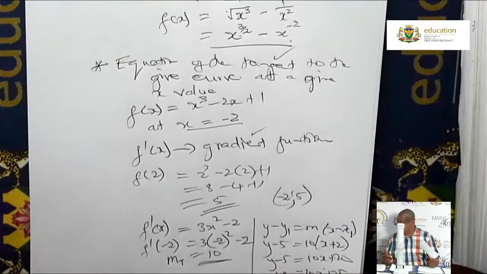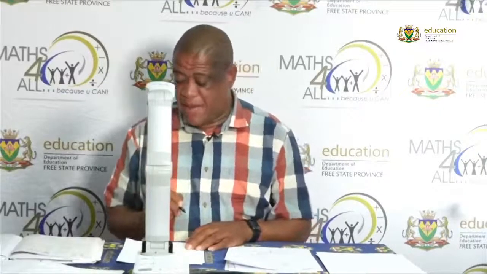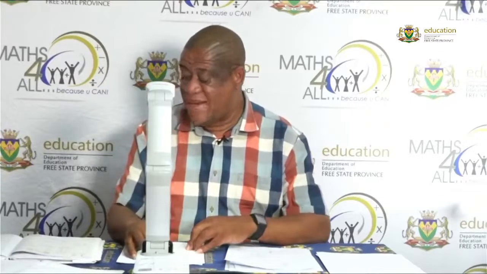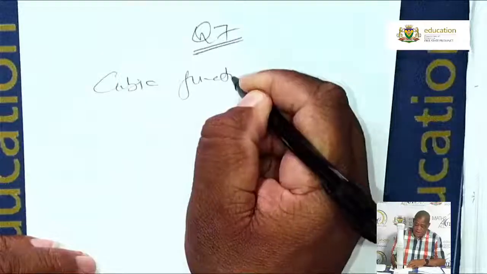Then we can find question 7 of our paper. And question 7 of our paper, let us understand, will be the cubic function.